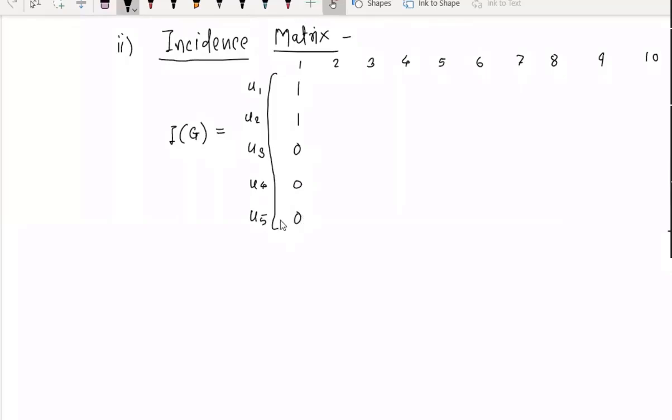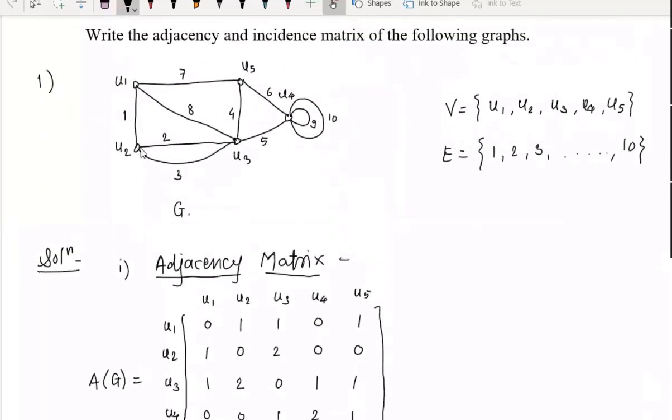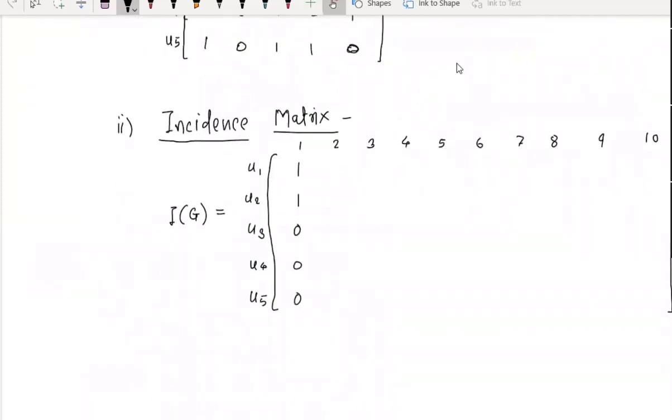Now edge 2 is between U2 and U3, and edge 3 is also between U2 and U3. मतलब 2 and 3 दोनों edges between U2 and U3 के लिए देखो. So E2 has 1 for U2 and U3, and the remaining entries of that column are 0. Similarly, edge E3 is also between U2 and U3. So the rest of the entries are 0.